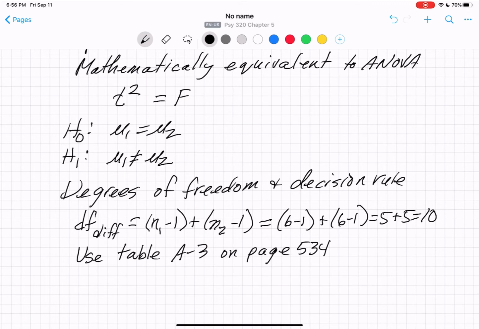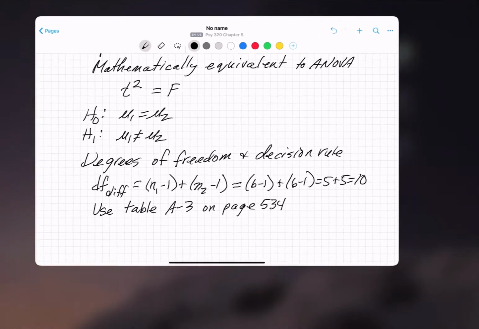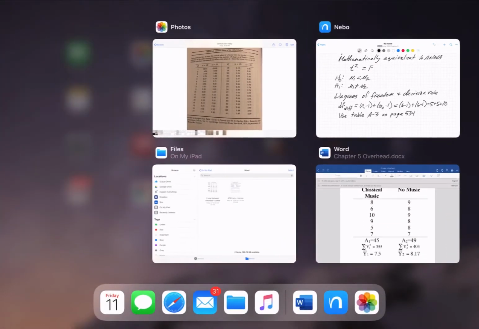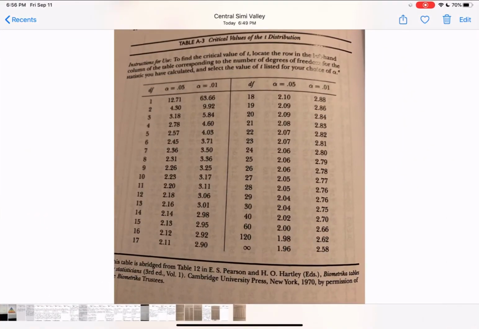And let me just show it to you. I took a picture of it here a second ago. Okay, so this is what the table looks like in your book on page 534. And you can see that the title says critical values of the t distribution. Okay, so you want to make sure it says that.